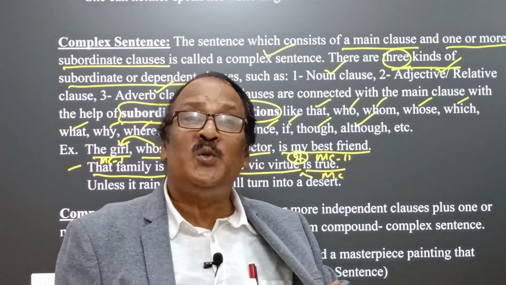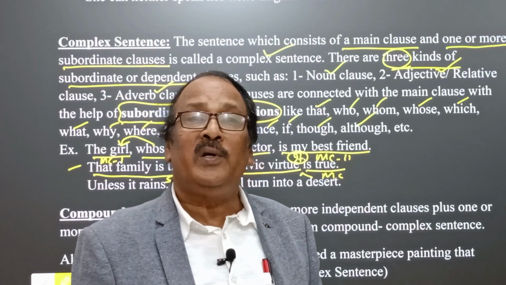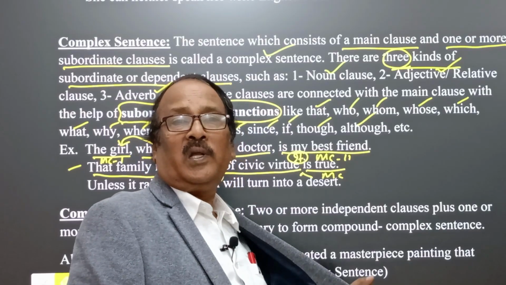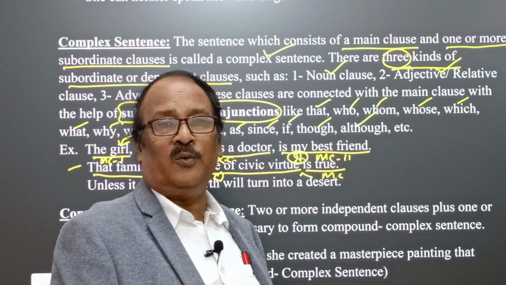We become civic persons. If we convert this sentence, we find: it is true that family is the cradle of civic virtue is equal to that family is the cradle of civic virtue is true.